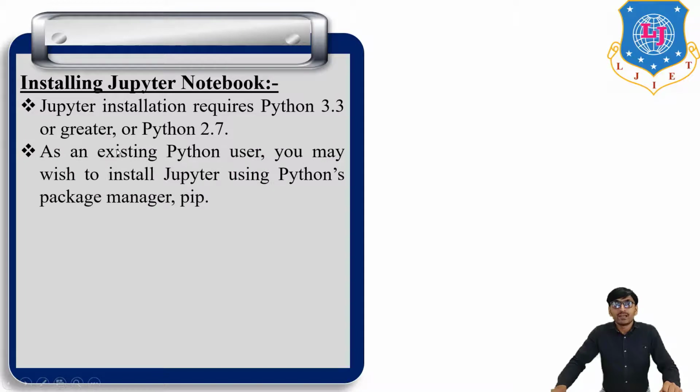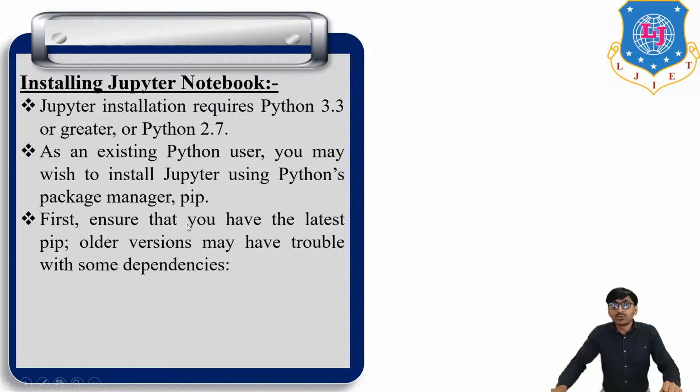As an existing Python user, you may wish to install Jupyter using the Python package manager pip. So pip is one type of module in Python. First, ensure that you have the latest pip. Older versions may have trouble with some dependencies. So first, you ensure that it is the latest version of pip.